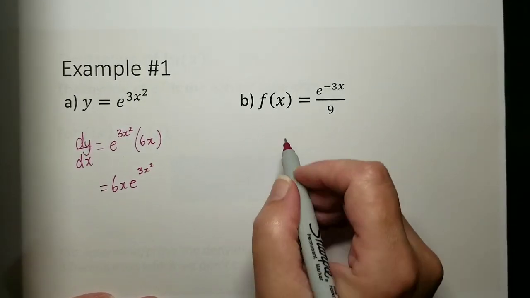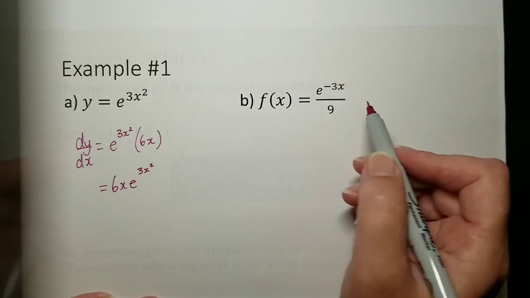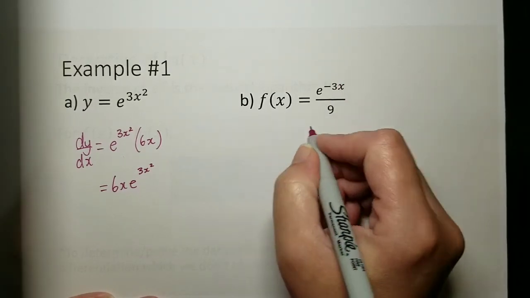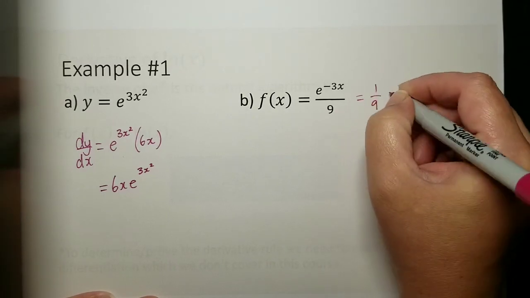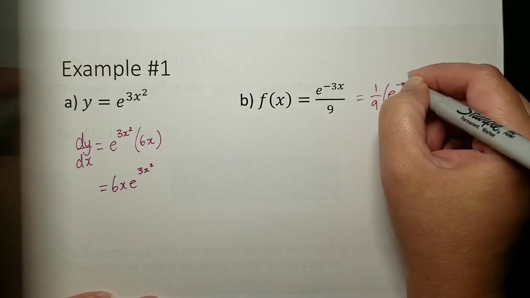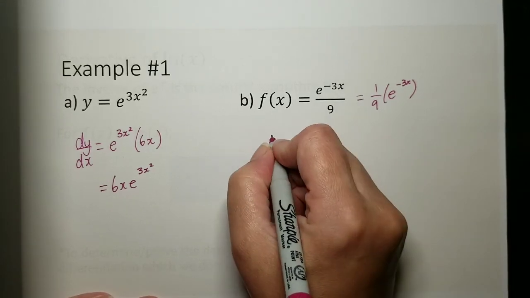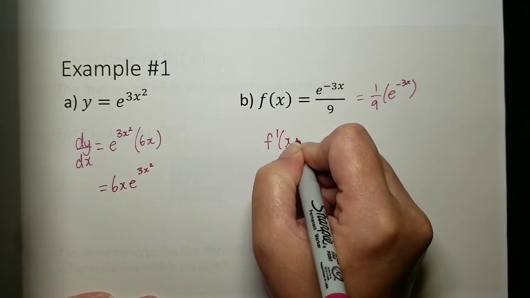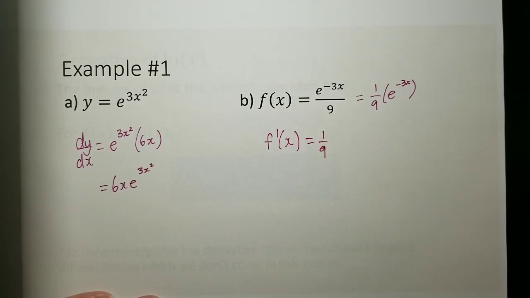The next one, f of x equals e to the exponent negative 3x, over 9. I'm going to think of this as 1/9 times e to the exponent negative 3x, with that 9 on the denominator as a coefficient of 1/9. When I find the derivative, I keep that 1/9 there because it's a constant multiple.